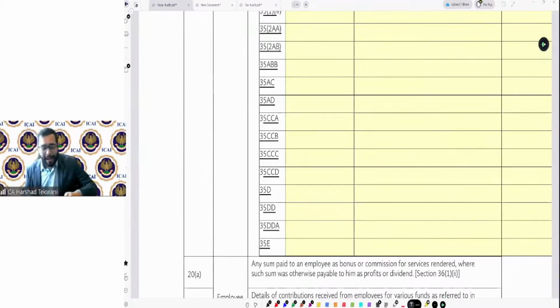See, I agree this is too much information, but the way to remember is to practice. Trust me. If you practice, you will come to know, okay, this is a particular transaction and this is how you need to report. Practice and the practical experience of Form 3CD will help you a lot. Trust me. In my articleship days, when I used to help my team with reporting under Form 3CD, the experience I got was also useful for my exam purpose.